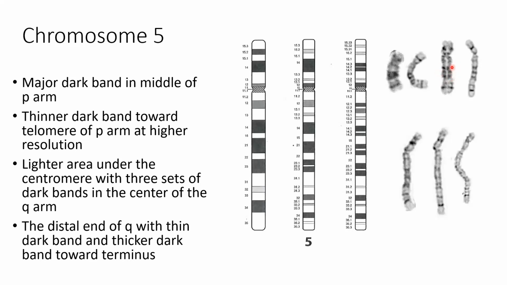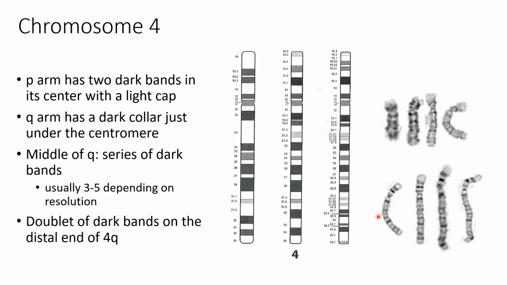But chromosome 5 has a series of 3 dark bands as you separate out. Chromosome 4 has a series of 4 dark bands to look at.